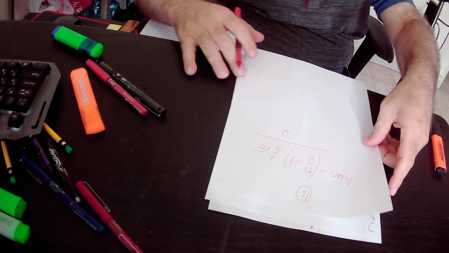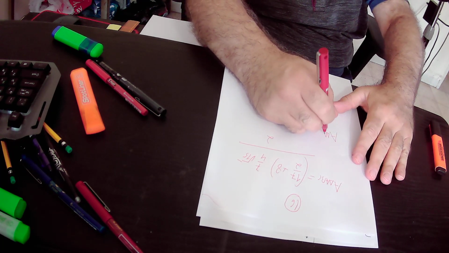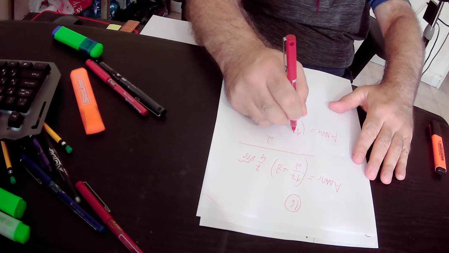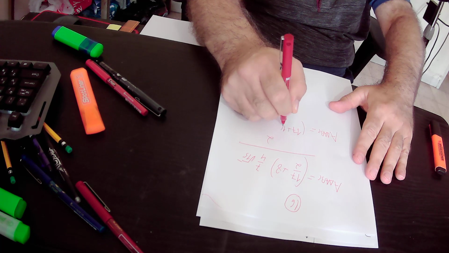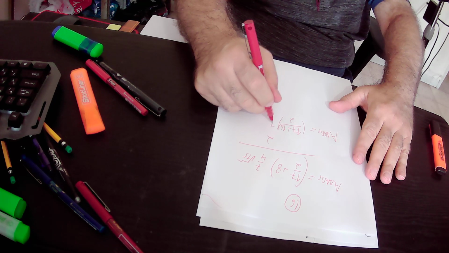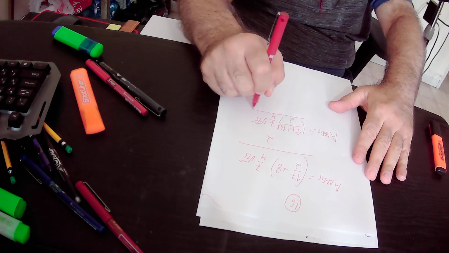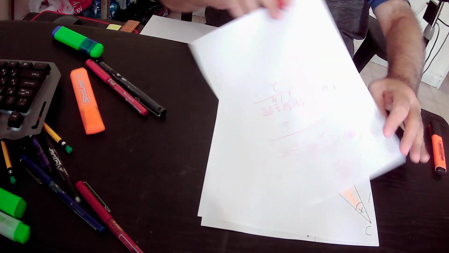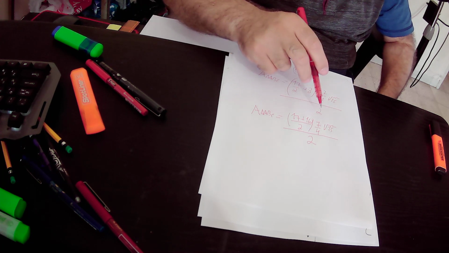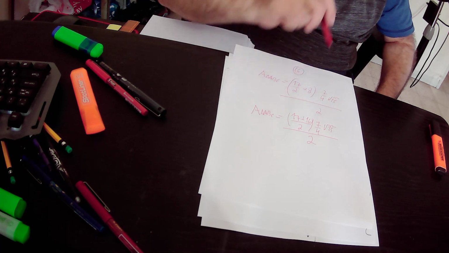And we will get that the area of triangle ABC will be equal to 17 plus 16 over 2 times 7 over 4 times root 15 over 2. 17 plus 16 is 33.